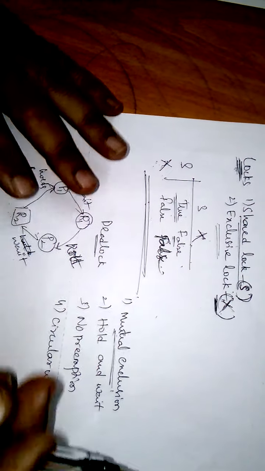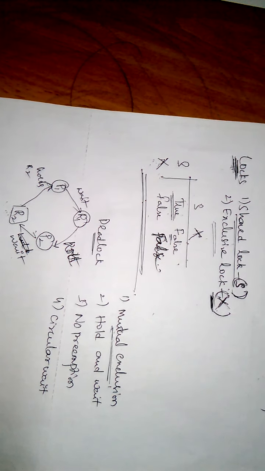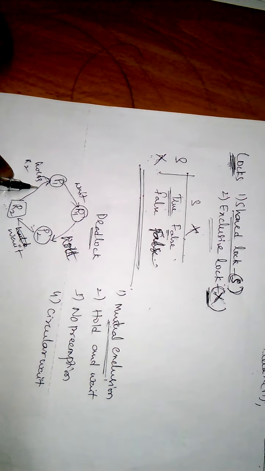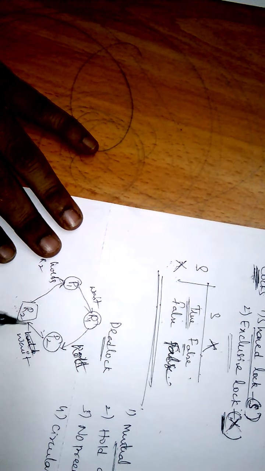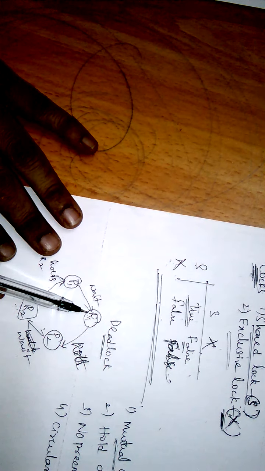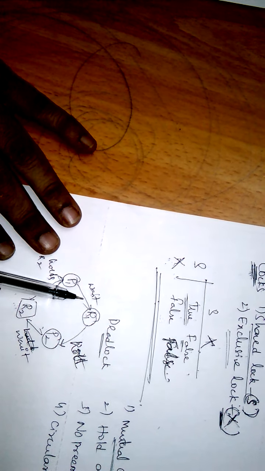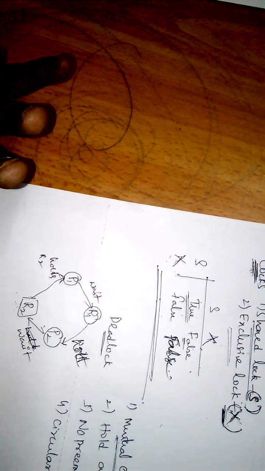Next, hold and wait means a process is holding a resource and requesting another resource, like this: P1 is holding R2 and requesting R1. Requesting other resources while holding one creates the condition called hold and wait.